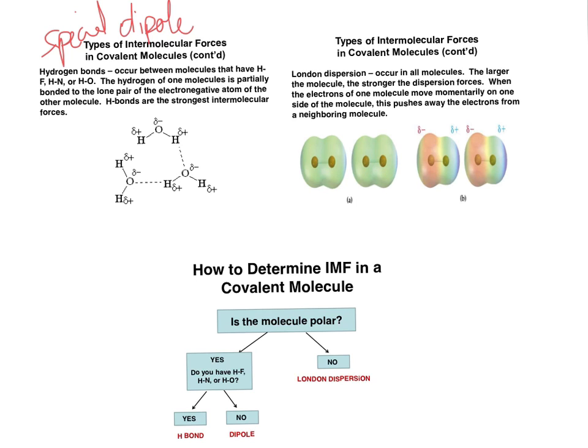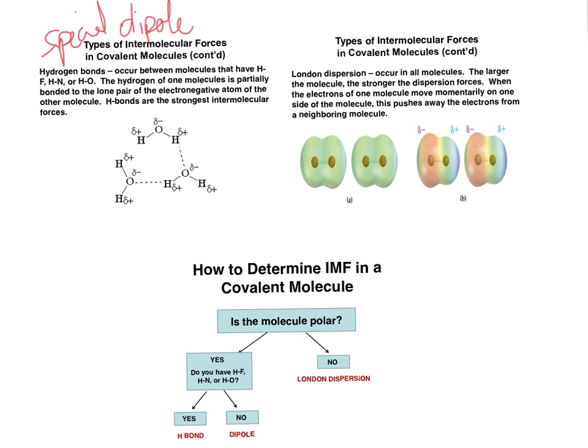They are only the polar molecules that have an HF, HN, or HO in them. Because HF, HN, or HO are extremely polar bonds, and so their partial positive and partial negative are just a little bit stronger than a regular partial positive or partial negative in a normal dipole molecule. And so they're a special type of dipole. They're just slightly stronger than a regular dipole.